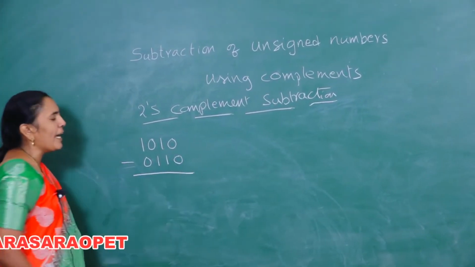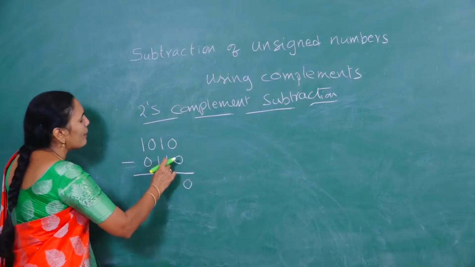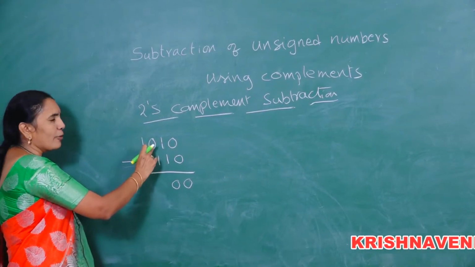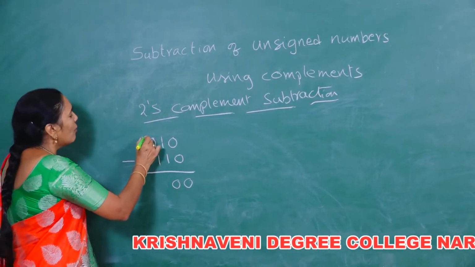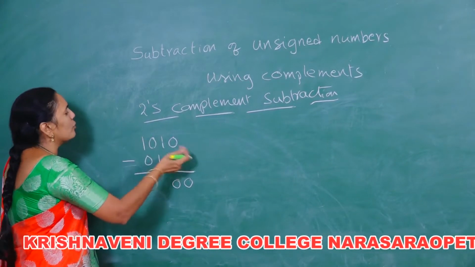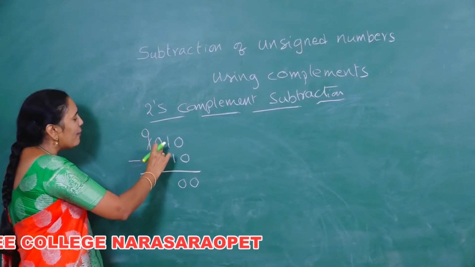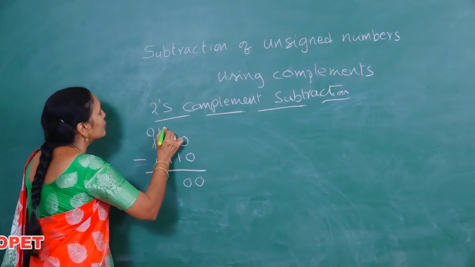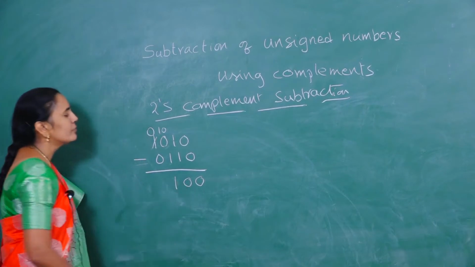Here binary subtraction, 0 minus 0 is 0, 1 minus 1 is 0. Here you can't subtract 0 from 1. So we have to borrow. So, when you give up one number to the previous position, it becomes 0, and the 0 changes its value, now it becomes 10. 10 minus 1 will become 1.